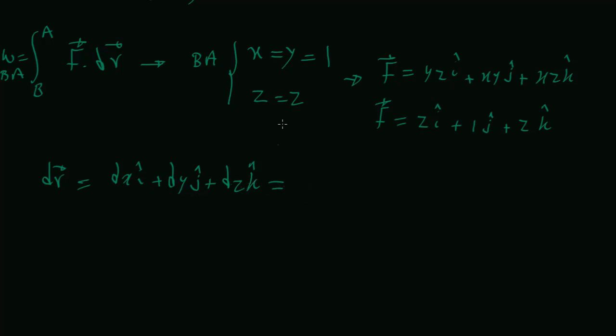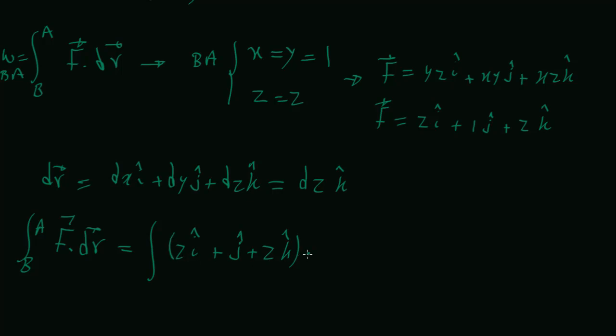So therefore we only have dz in the k direction. So the integral from B to A of F dot dr is equal to F, which is z in the i plus j plus z in the k direction, dot product with dz in the k direction.